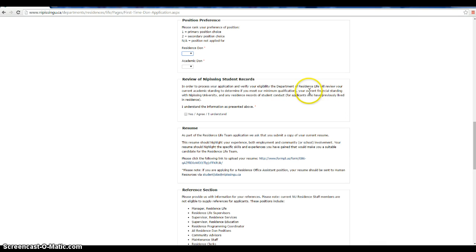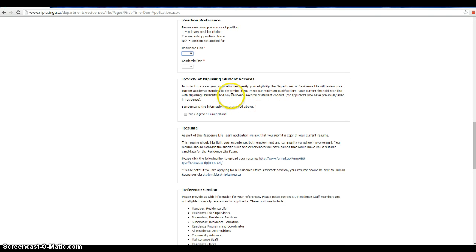We will also review your current financial standing with Nipissing University. This does not mean that we will be inquiring about your finances. What we will be checking into is whether you have paid the university any monies owing and that you are in good standing with the university as far as your payments for school.